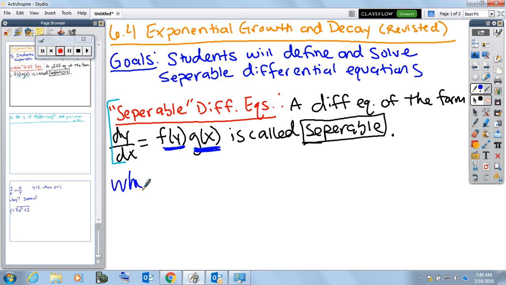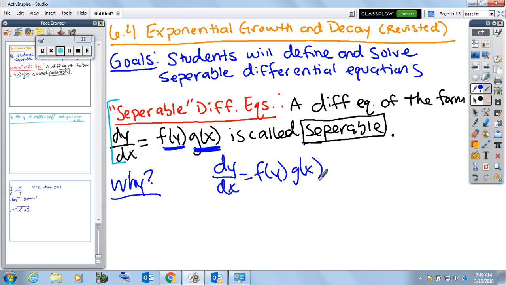So why does this end up happening here? Because it's separable, we can separate and distinguish our y's and our x's. And so we are going to separate them. So let's say, once again, I have dy/dx equals f(y) times g(x).